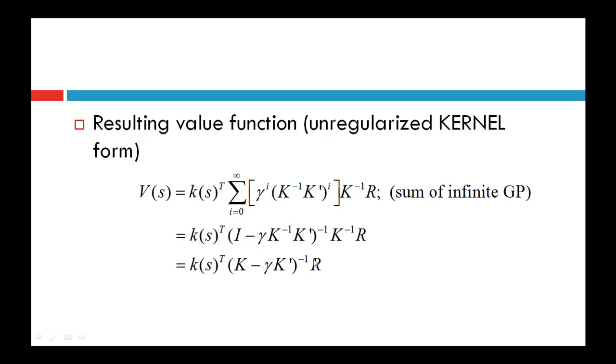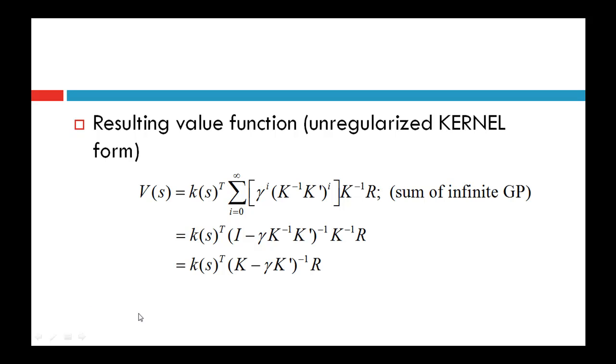The value of state S is given as k of S transpose times (K minus gamma times K prime) inverse times R, where again K is a kernel matrix, K prime is P times K, and R is a column vector formed from the sample rewards.